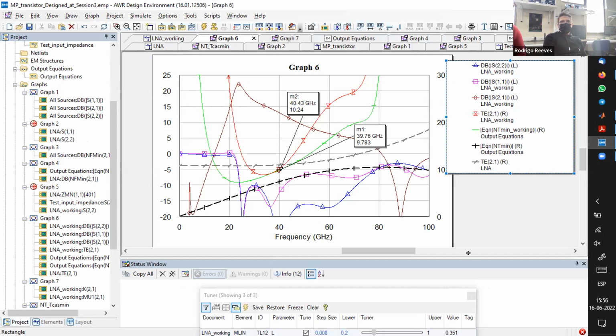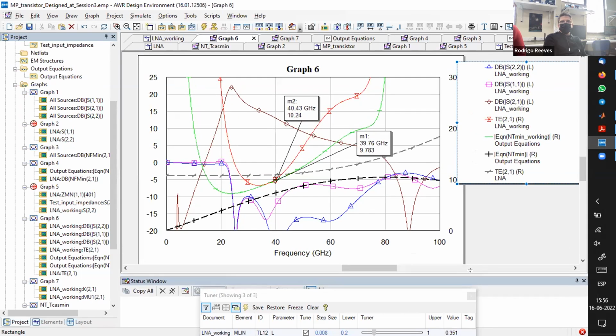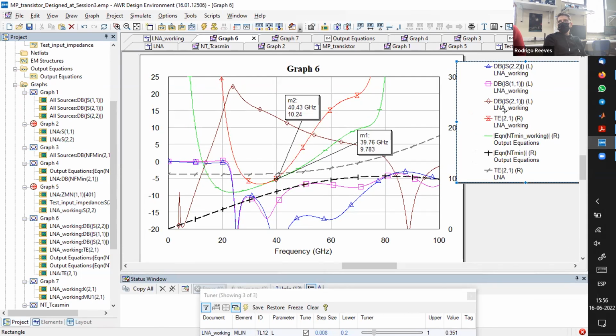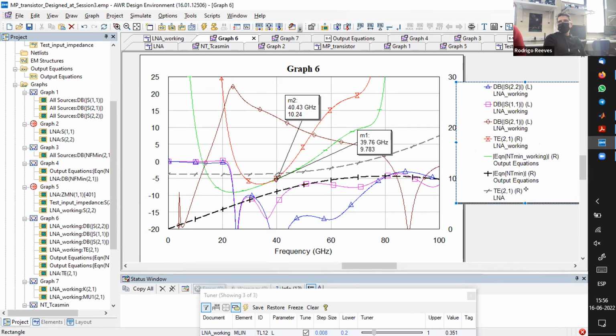Miguel has also plotted the minimum noise temperature possible to achieve, and that also suggests that we are matching to the correct impedance, since at 40 gigahertz the amplifier noise temperature and this NF min are on top of each other or close to each other.